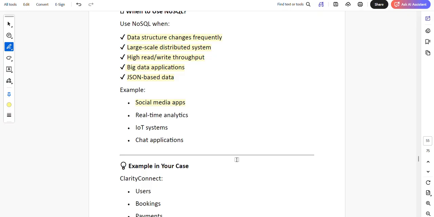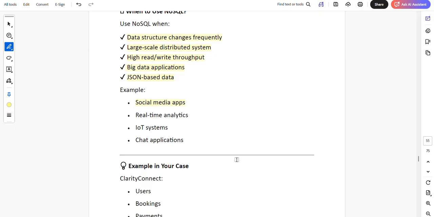Let's just take the example of Instagram. When someone posts a photo on Instagram, some users add captions, some users add songs, and some users don't. This data is stored in a JSON format. But what if it were stored in an SQL structured format?